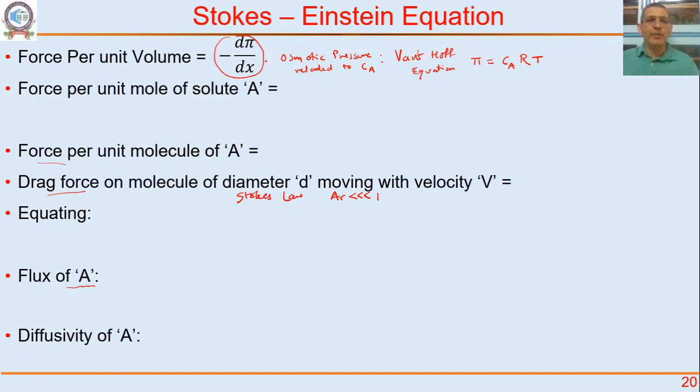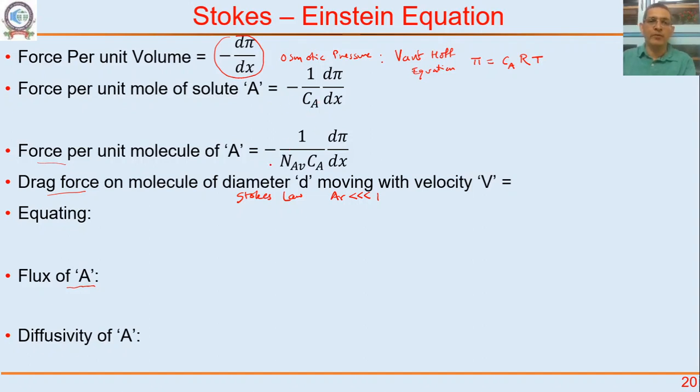So if this is the driving force per unit volume, Newton per meter cube, and Ca is the concentration, then the force per unit mole would be 1 upon Ca d pi by dx. This is per mole. I need to divide by Avogadro's number to get a force per unit molecule.